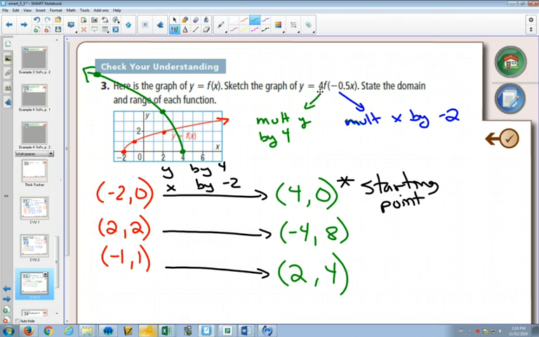By the way, what do you think the red graph's equation was originally? Root of x plus 2. Good. So that's my original graph. Now, what is the equation of my green graph?